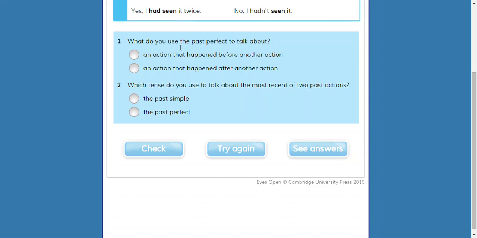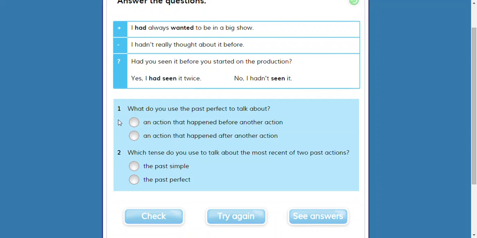What do you use the past perfect to talk about? Okay, in this case, we are going to talk about the moment. When do you use the past perfect? Which tense do you use to talk about the most recent of two past actions? Okay, what's your idea, class?